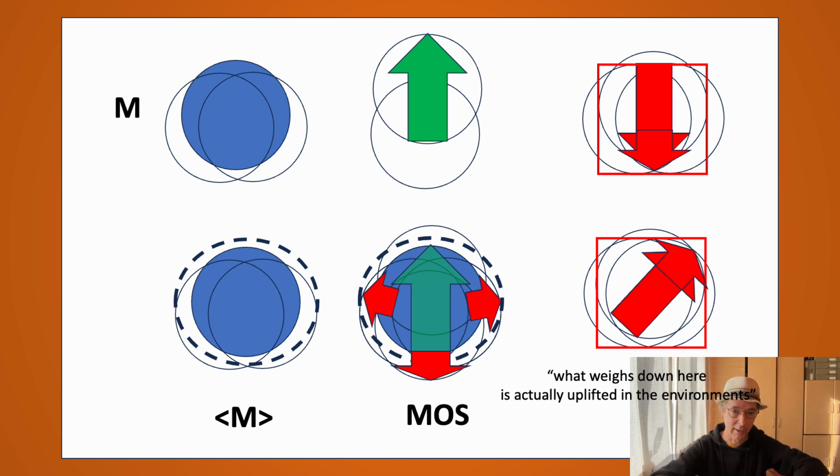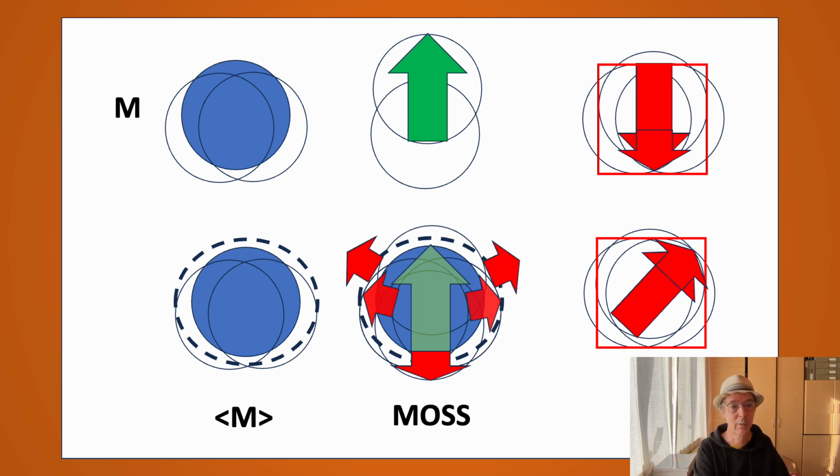So you have this weighing down and you have this pressed outside, but in combination now with the different form underneath the O, which tries to lift it up to the whole environment, this weighing down effect will actually, because of the O, be more uplifted into the environment. And that's what the moss is doing. And I will have an extra S to it, so it will of course also be uplifted as an effect.